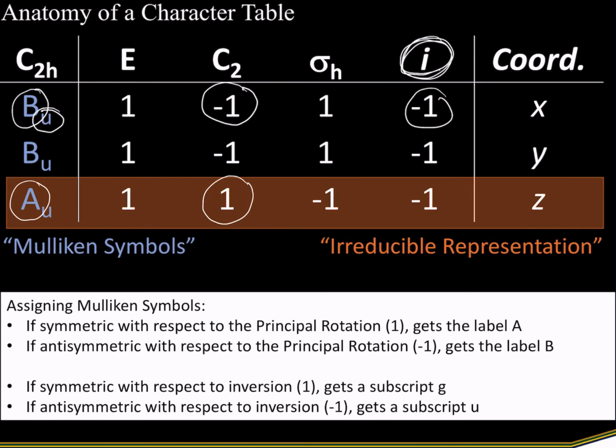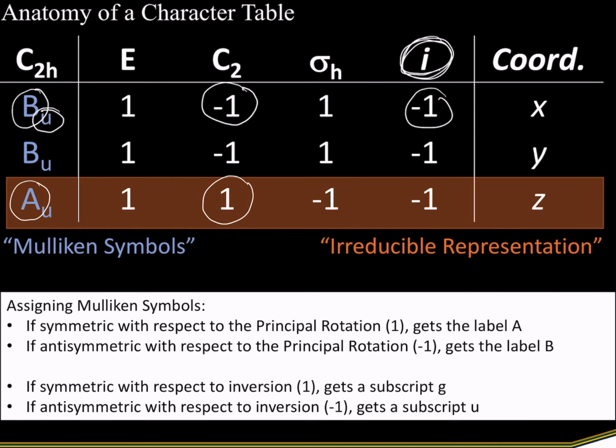This stands for ungerade, which is antisymmetric, and it specifically relates to the inversion center. If the inversion was a +1 value, this subscript would be a g. So it would just be a subscript g if there was a +1 with respect to inversion.